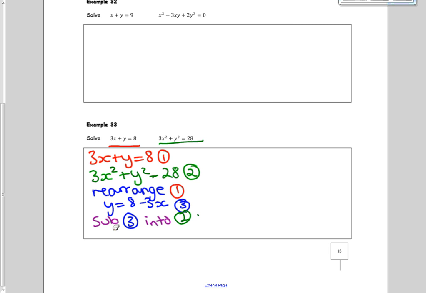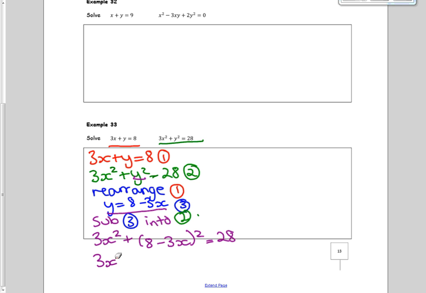So this will become 3x squared plus, now instead of where I've got my y squared, I'm going to substitute in what I've found here. So that'll be 8 minus 3x all squared equals 28.